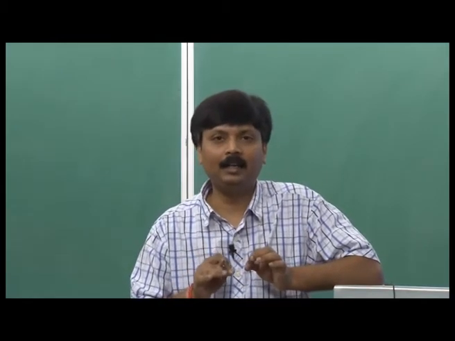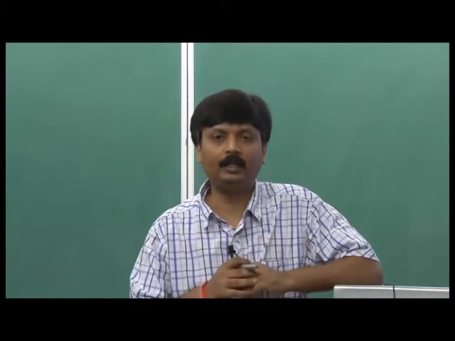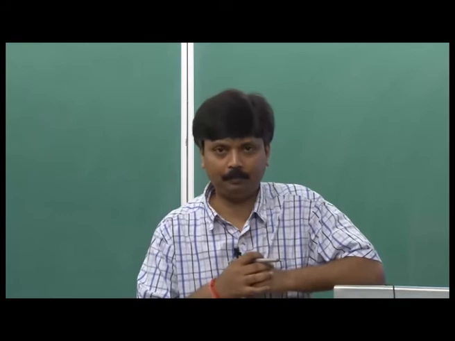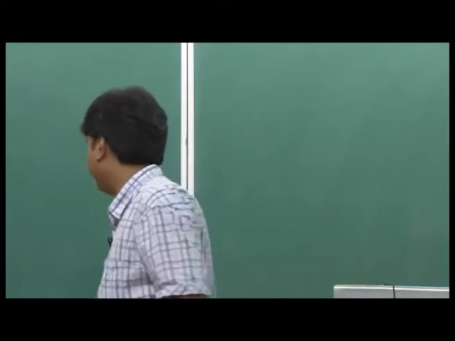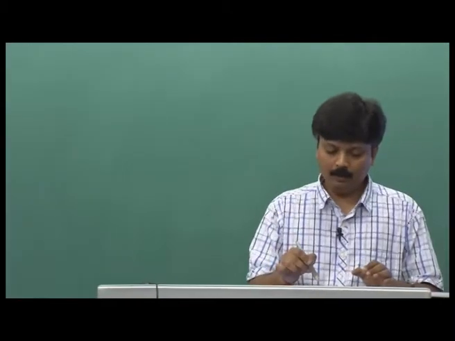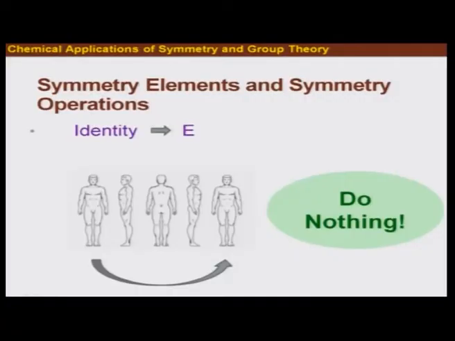So this idea of do nothing is actually an identity operation. If you look at this picture here, the person is looking at us, and then keeps on taking turns from here to here, and then here to here, and then here to here, and then here.